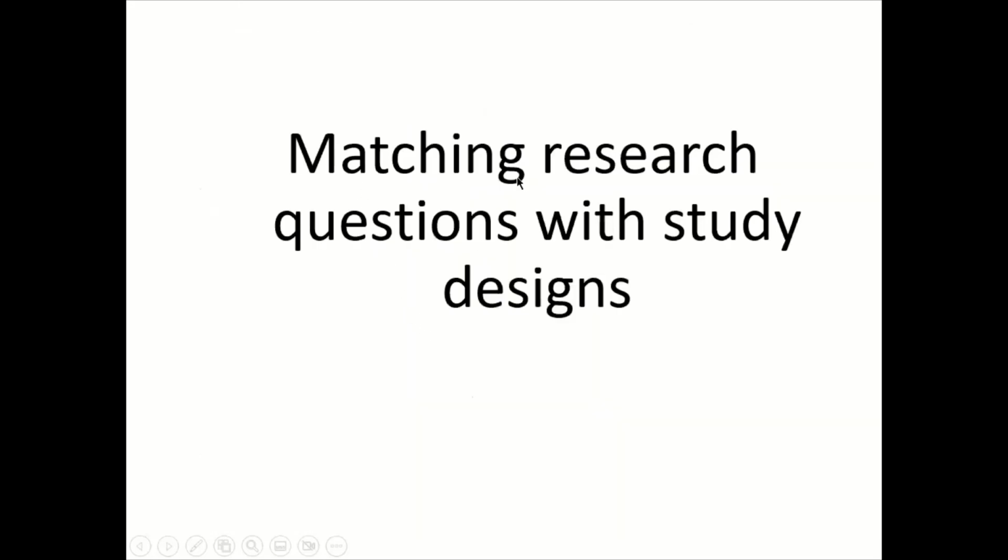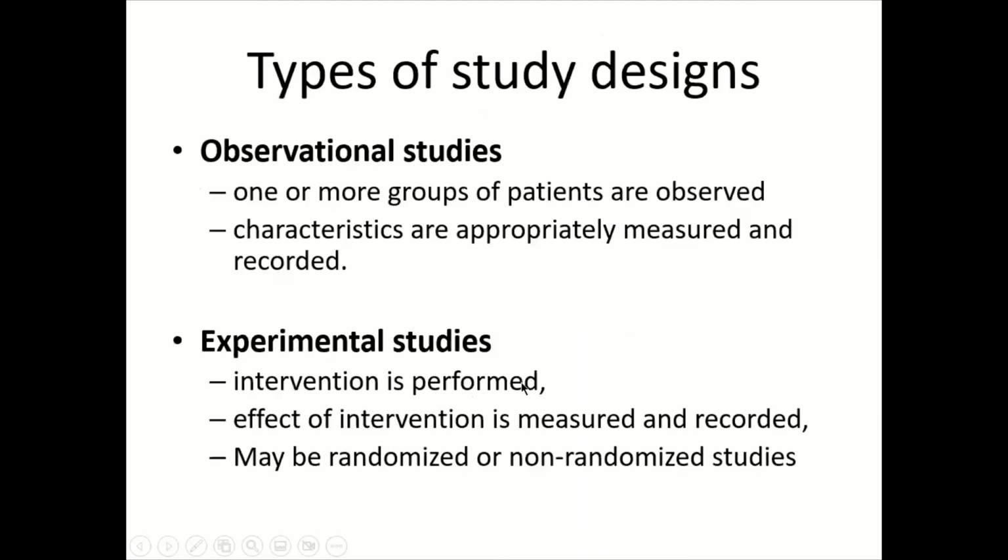Okay, next one is matching the research question with the study design. We have talked about that. So we have different types of study designs. We have observational study designs. We are very familiar with observational studies. One of them is a cross-sectional study, which is common in diagnostic research in public health, the KAP studies that diagnose the behavior.